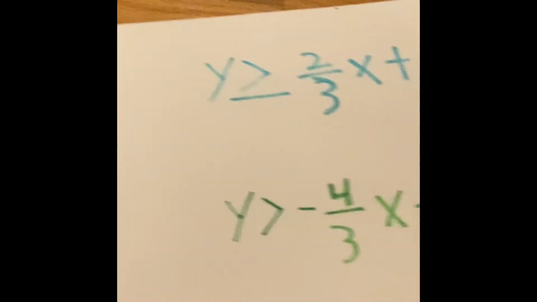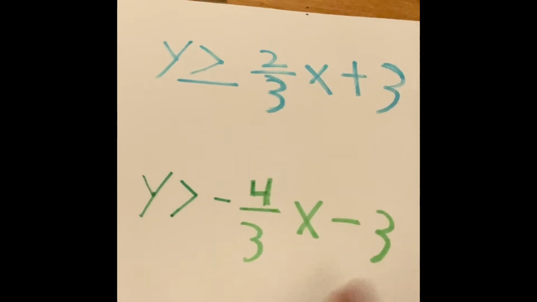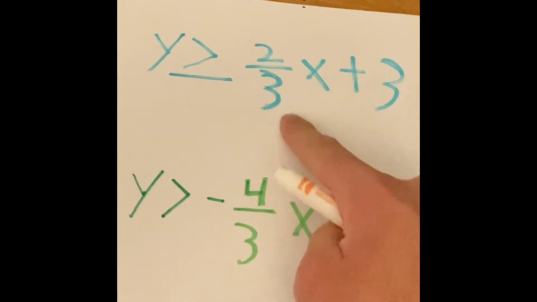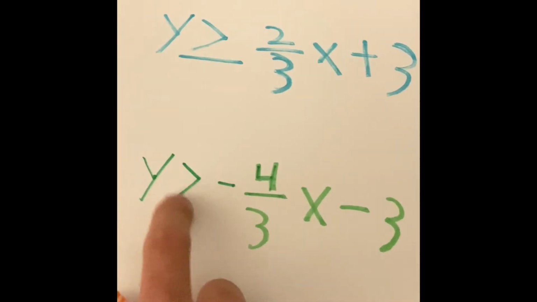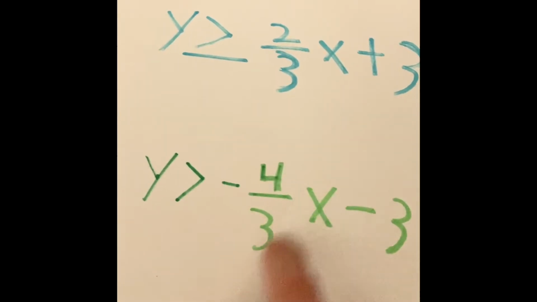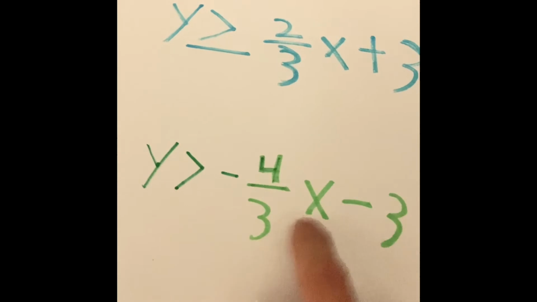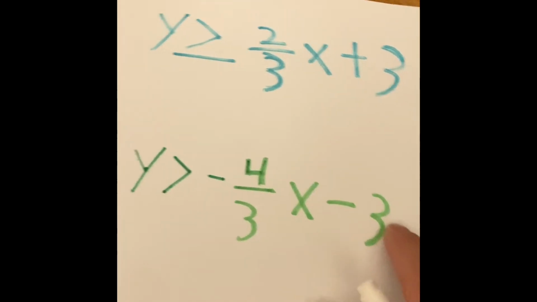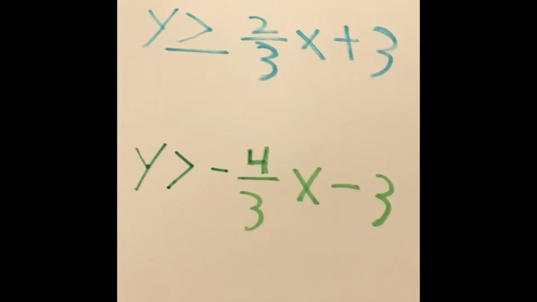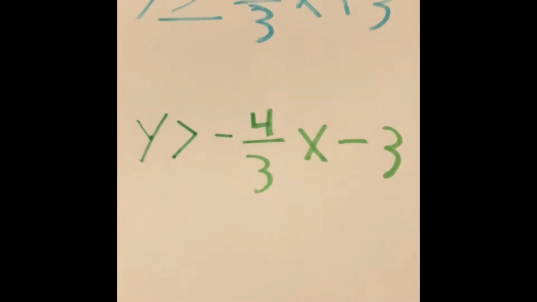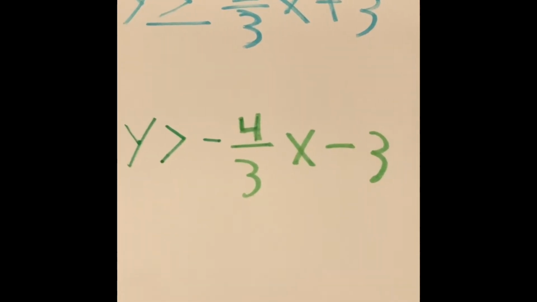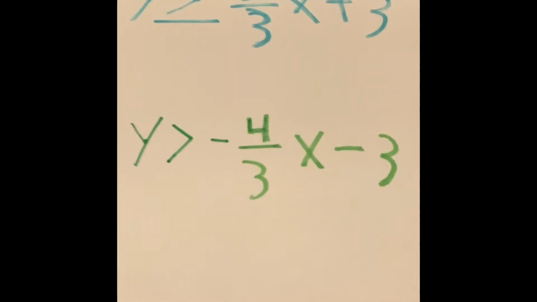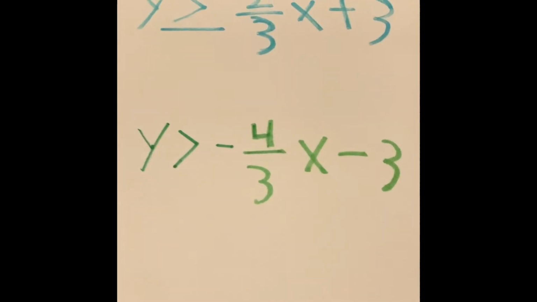If we try to graph y is greater than or equal to 2 over 3x plus 3 and y is greater than negative 4 over 3x minus 3, if we place them on a graph, we should expect to have a mostly shaded area.